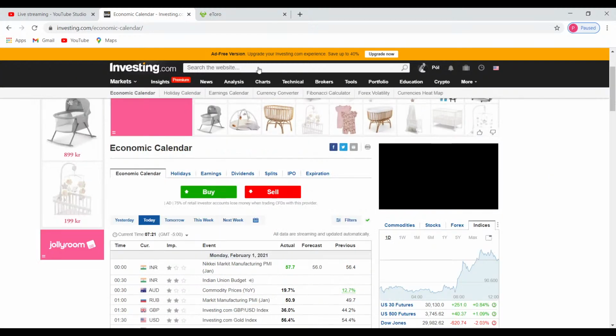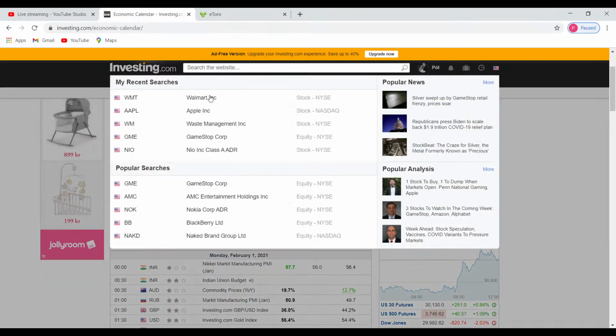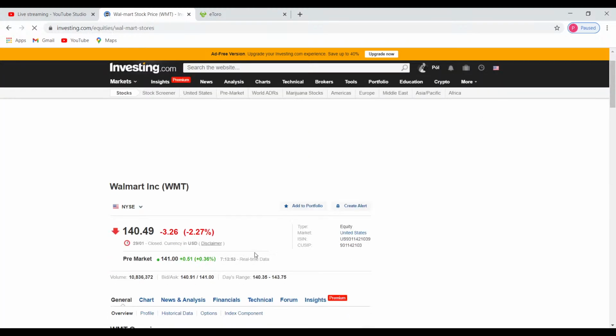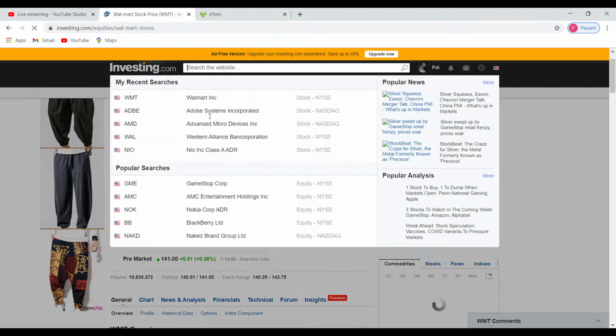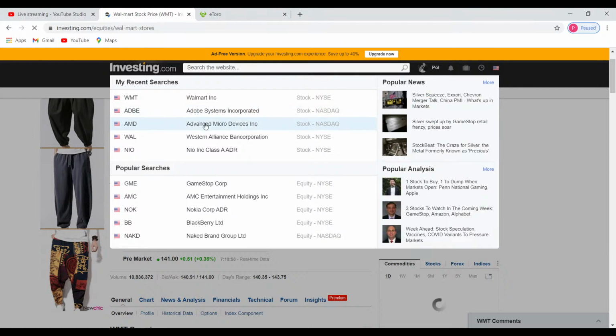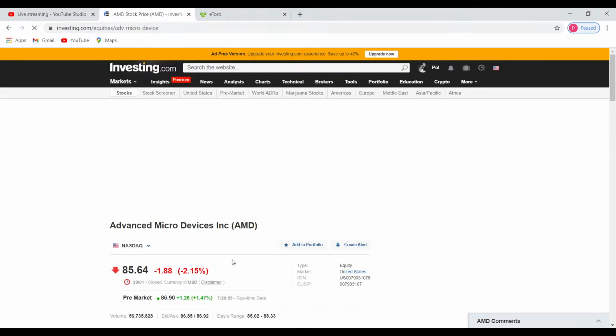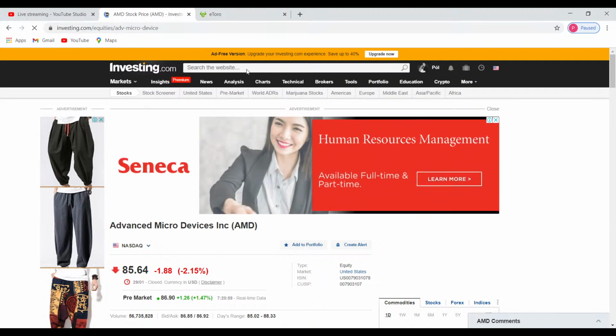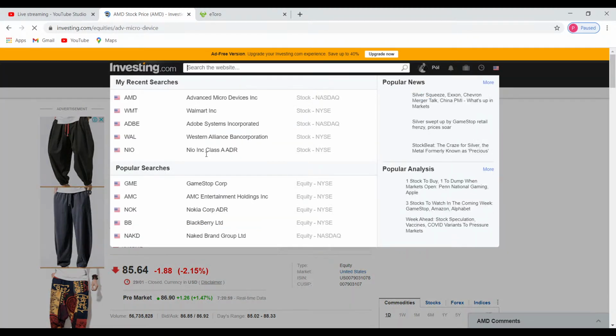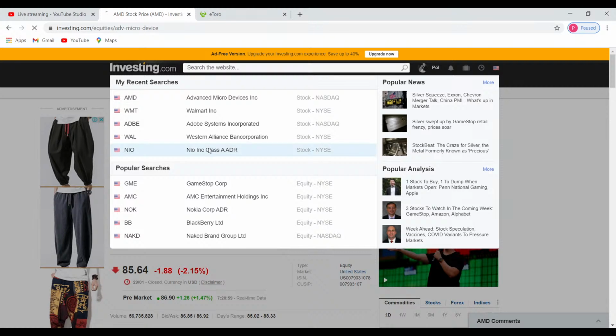So we made an investment in, for example, Walmart. Walmart is up 0.36% today in pre-market. We can see that, for example, AMD is up 1.47% today in pre-market. And we can also look at my long-term investments.